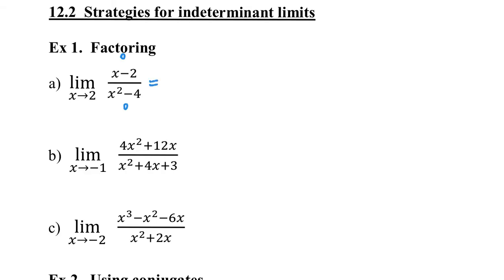So I'm going to factor it. Now, as you're simplifying this expression, you need to keep writing the limit as x approaches 2, and you keep writing it until you actually do the direct substitution step. Okay, now I'm going to go ahead and cancel out the x minus 2's. And I can do that because x will not equal 2. It will approach 2, but it will not actually equal 2.